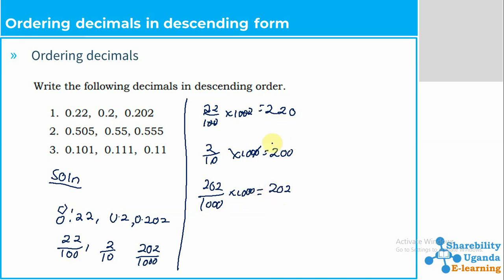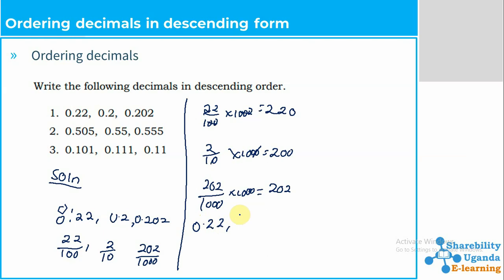So this is going to be our 202. So now here we look out for which one is the biggest. So when we look at the biggest, which one is it? 220. Okay, our 220, which is 0.22, as the biggest.